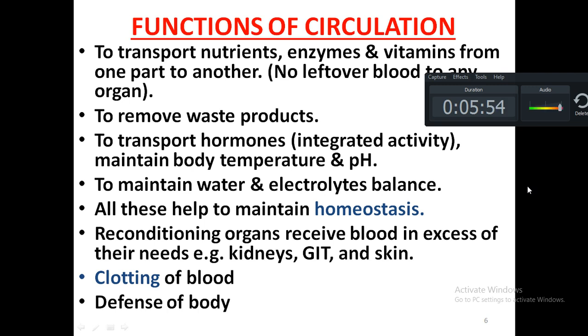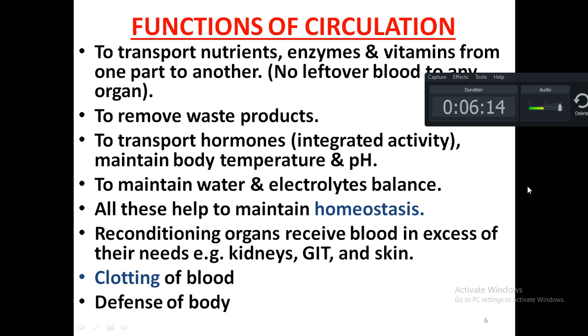Now, in sum, the overall function of the circulation is that it helps to maintain homeostasis.